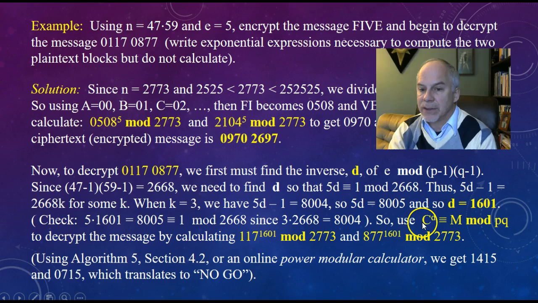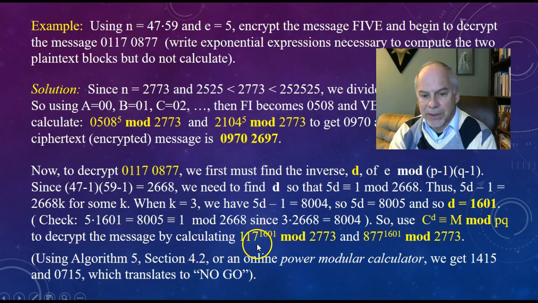And then we take our ciphertext blocks one at a time, which is 0117 for the first one, and take it to the power of D and calculate that mod p times q. So we go 117. Now you can drop the 0 at the beginning.